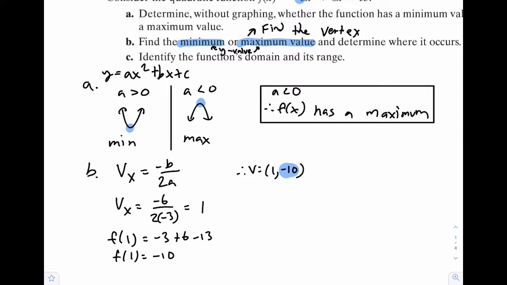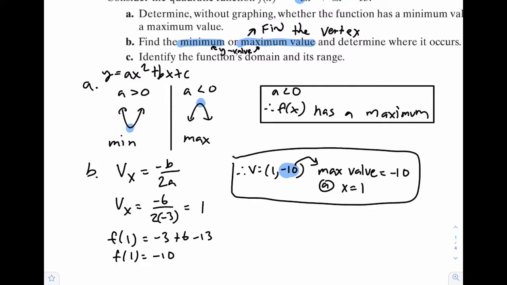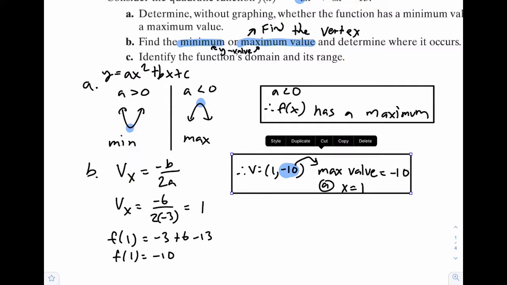So we're going to use that negative 10. And I'm going to write the max value is negative 10, and it happens at x equals 1. And there's our complete answer.